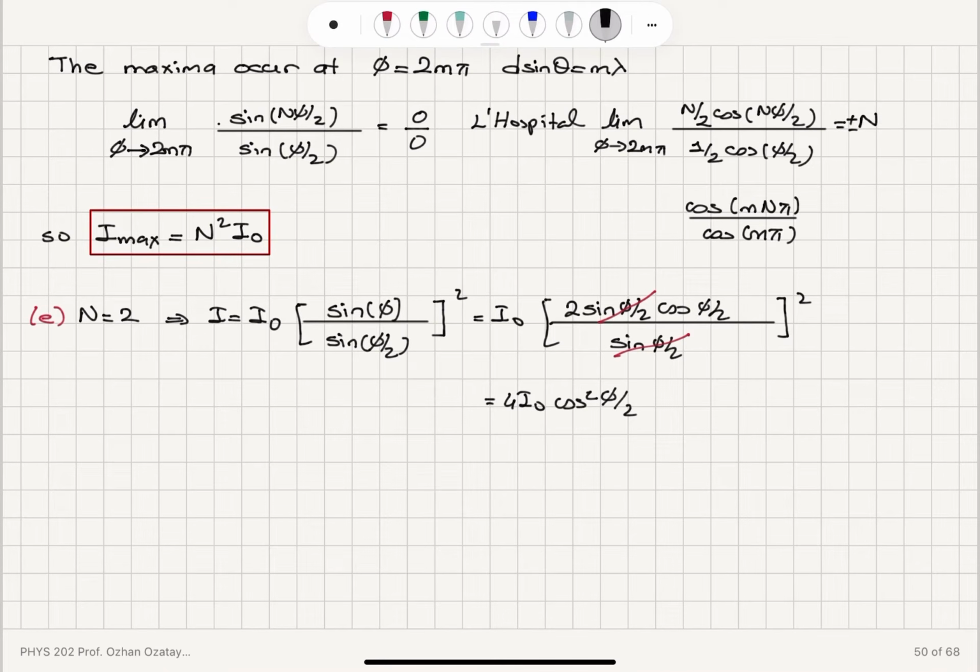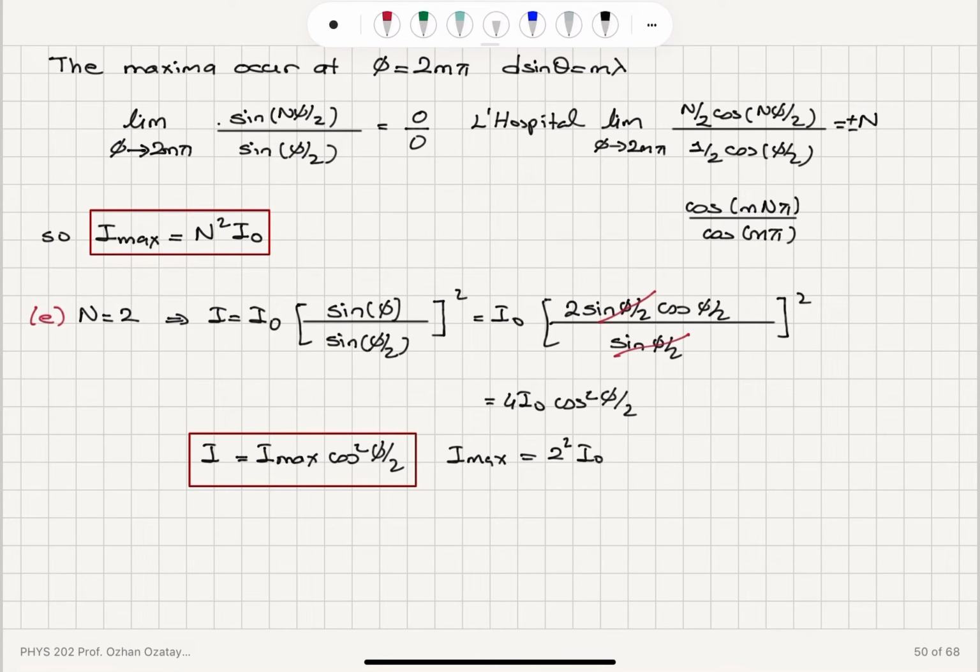So that means the intensity that we obtain here is I max times cosine squared(φ/2), where I max is 2 squared I0. And that's exactly the result that we know from Young's double slit experiment intensity distribution.